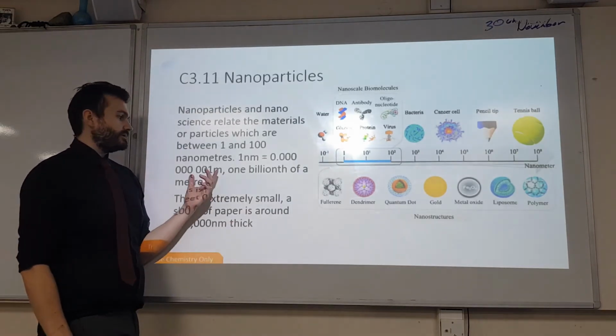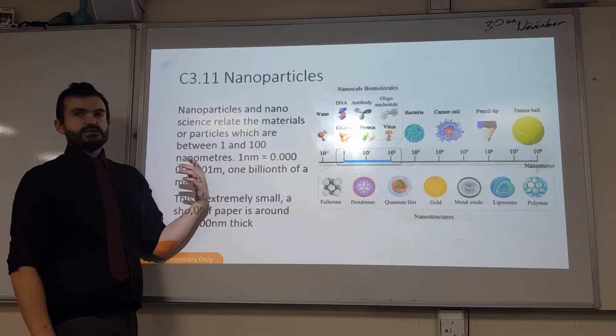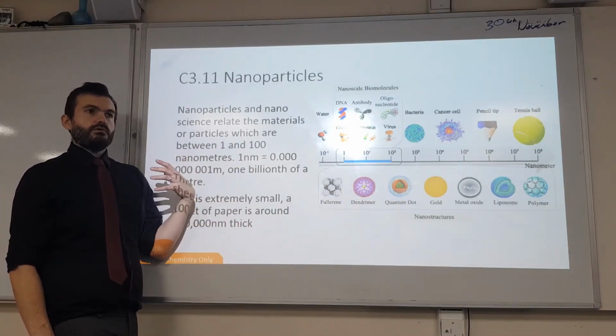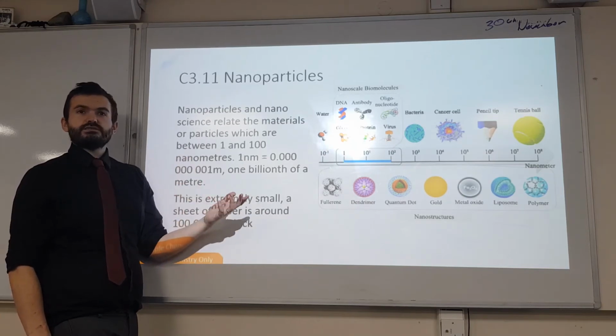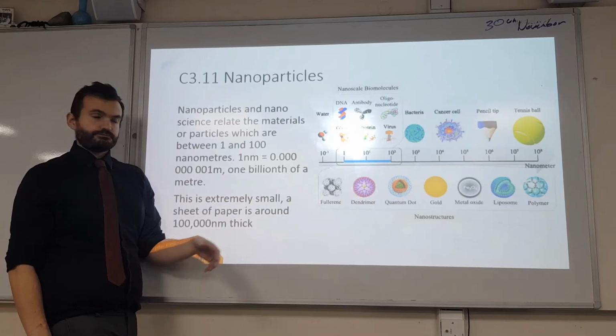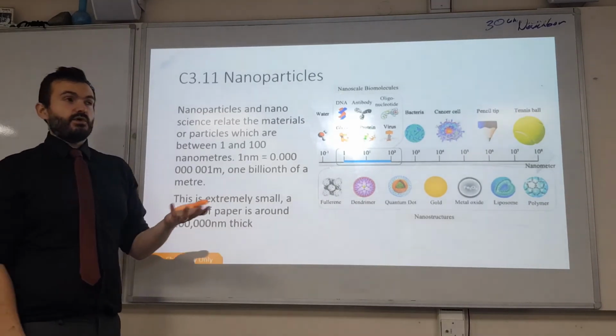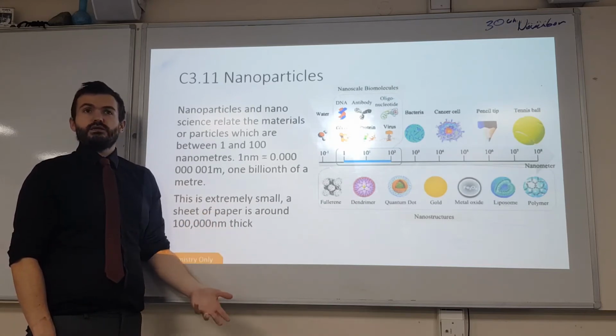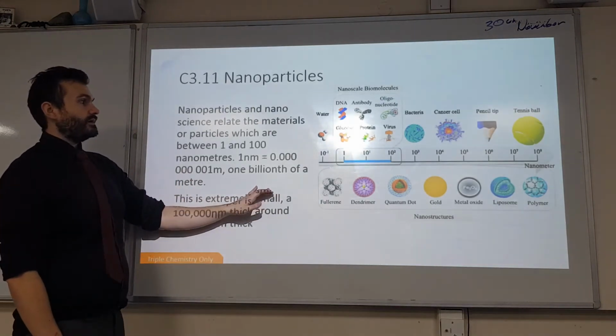You'll have to be able to convert between nanometers and meters. If you just do your nanometers times 10 to the minus 9, that will give you something in meters. So 10 to the 3 would be 1,000, 10 to the 6 is a million, 10 to the 9 is a billion. And that's the order we're talking about.